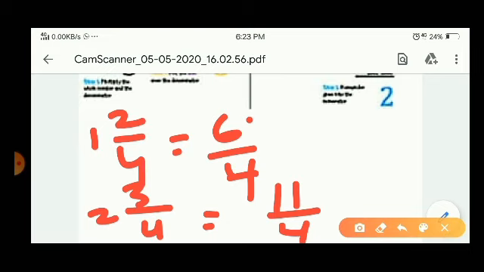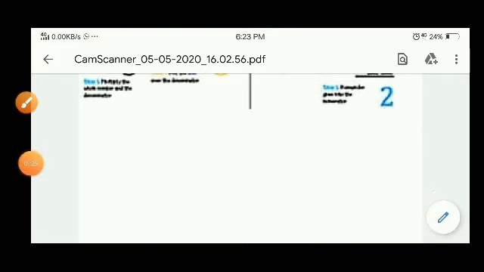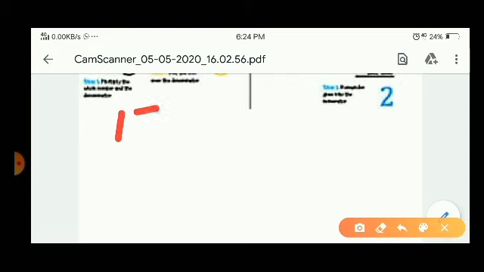So we just have to add numerator with the numerator. So 6 plus 11 upon 4. After adding 6 plus 11, the answer comes 17 upon 4. So here you can see this is an improper fraction.